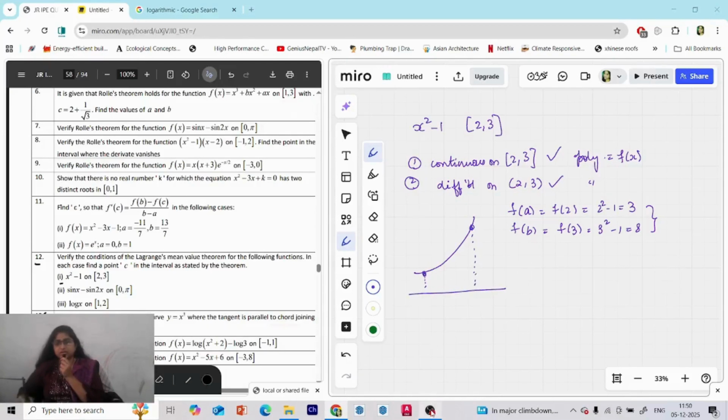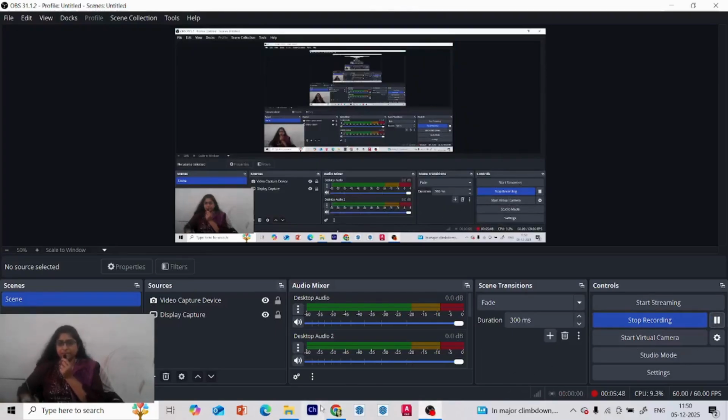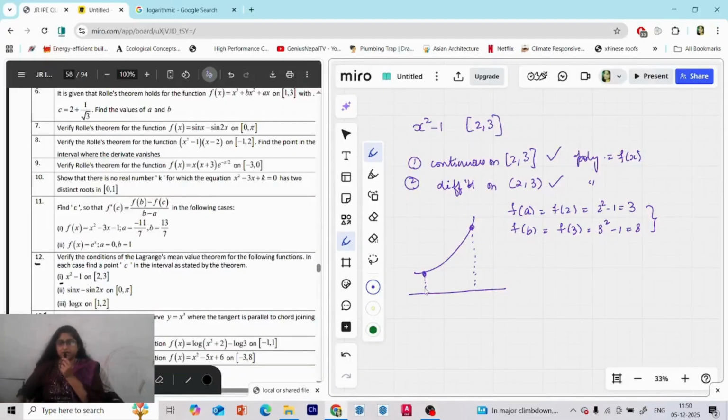So it goes like this. If this is A and this is B, there should be a point C where the tangent at this point C is equal to the slope of the line joining A and B on the curve.